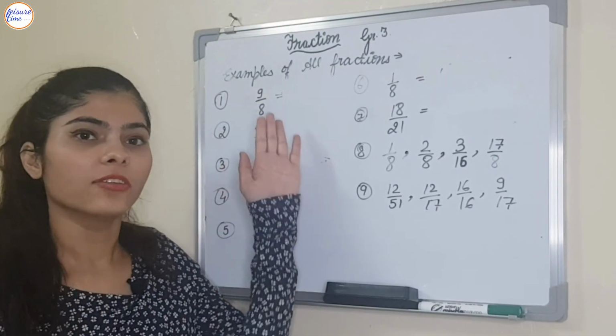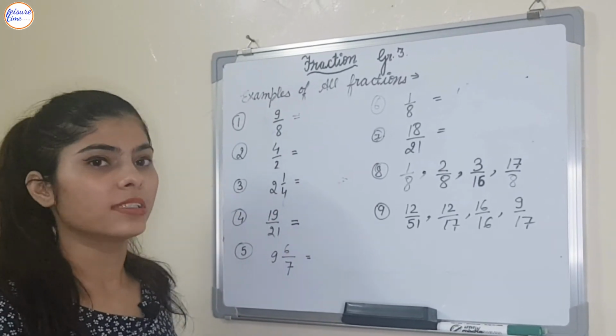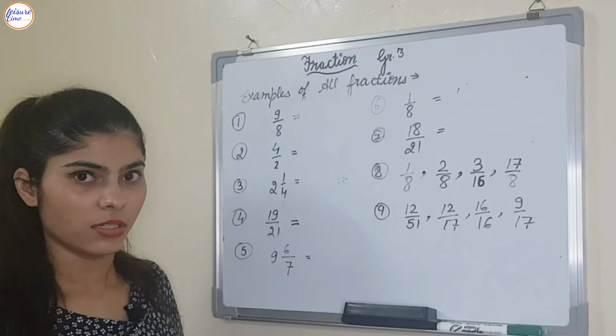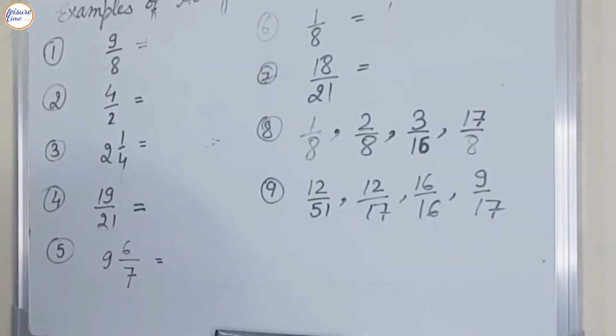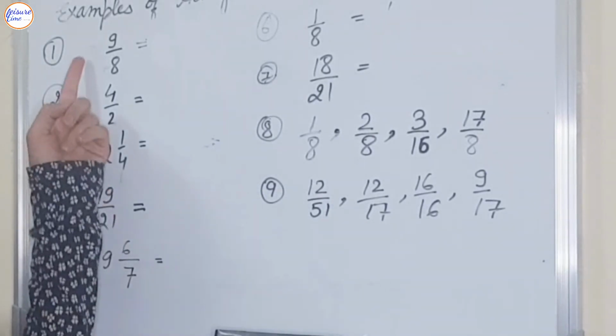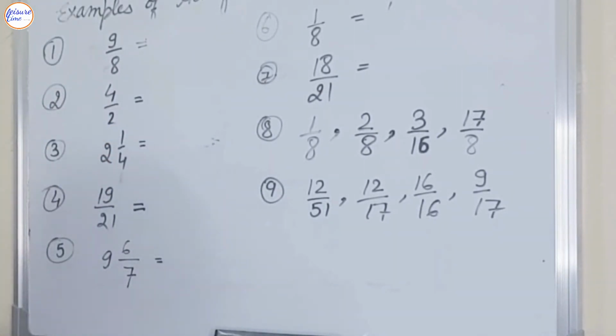So here are a few examples of all the fractions we will discuss in this conclusion. The first example is 9 divided by 8. 9 is the numerator and 8 is the denominator. In this example 9 is greater than 8, so the numerator is greater than the denominator.